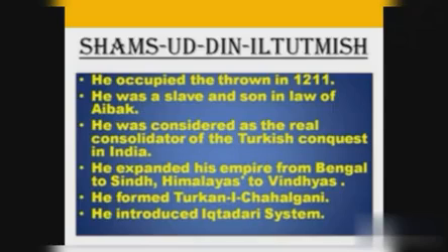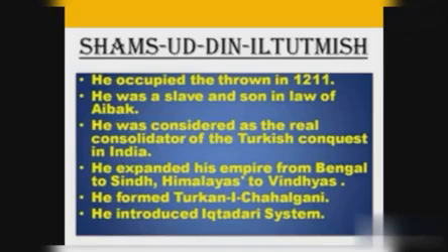He expanded his empire from Bengal to Sindh, Himalayas to Vindhyas. He formed Turkan-i-Chahalgani, which means an organized group of select 40 members. Iltutmish introduced Turkan-i-Chahalgani, or the 40.